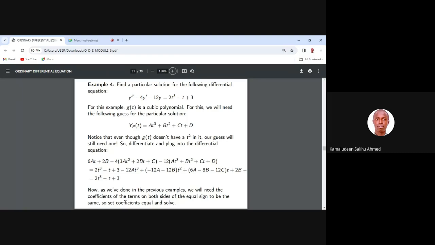After differentiating twice, you substitute it, and you have your 6A, then minus 12A, all these are constants. So you have the first line. The next line, when you multiply all the brackets out, you have this second line.